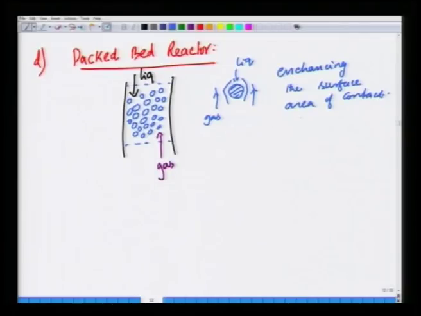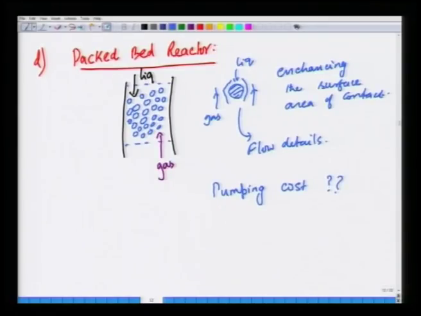So, proper design of a reactor critically depends on the flow structure or the flow details around a particle. And then we also have to worry about the pumping costs. By having so many particles in a column, we have to worry about the pressure drop that is required to drive the flow. So, this is another example of the role of fluid mechanics in the chemical process industry.